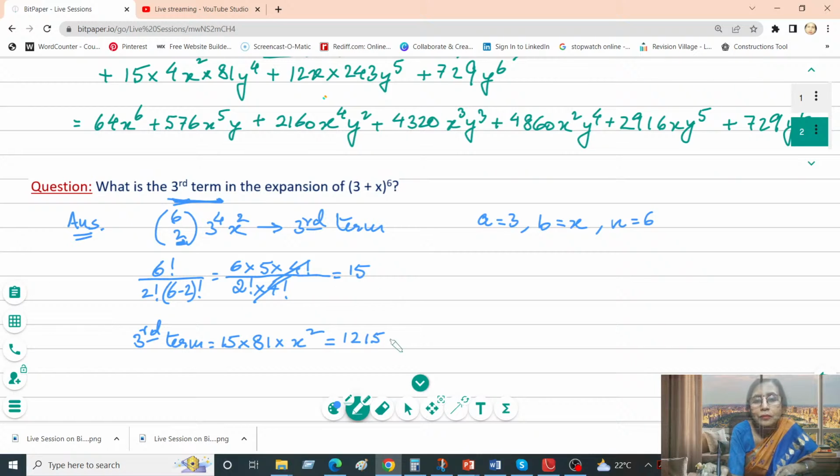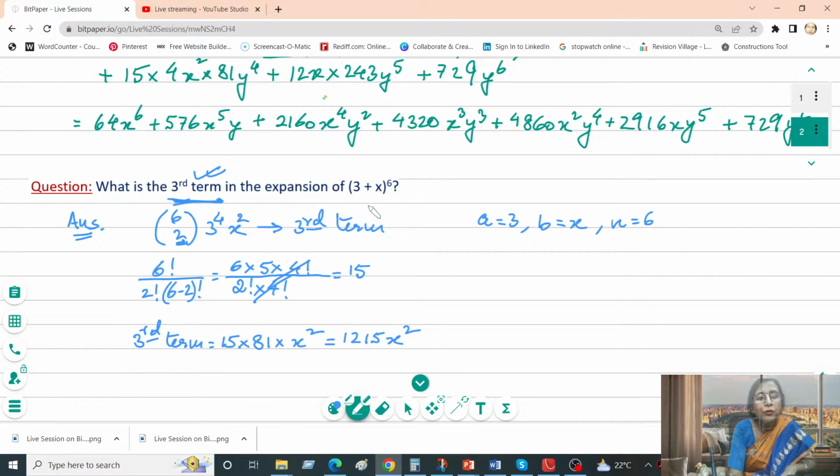Okay. So this is the third term, 1215 x square. This is how you find the specific term from the binomial expansion.